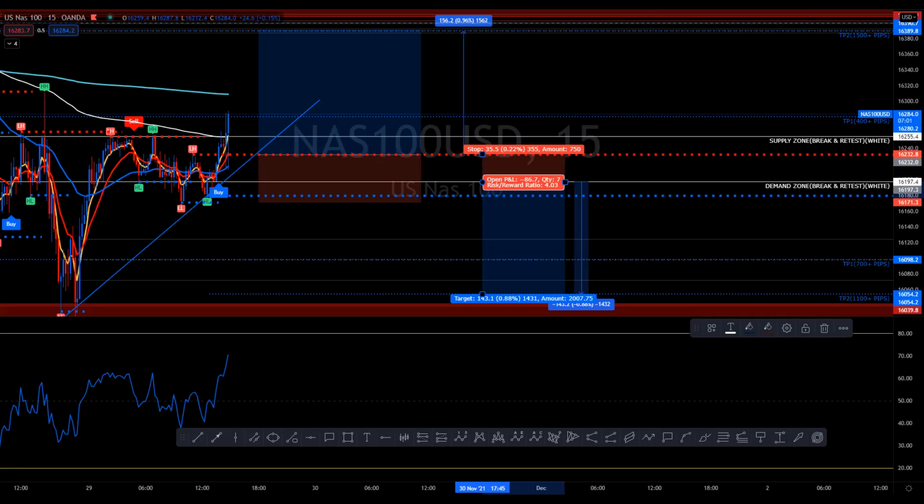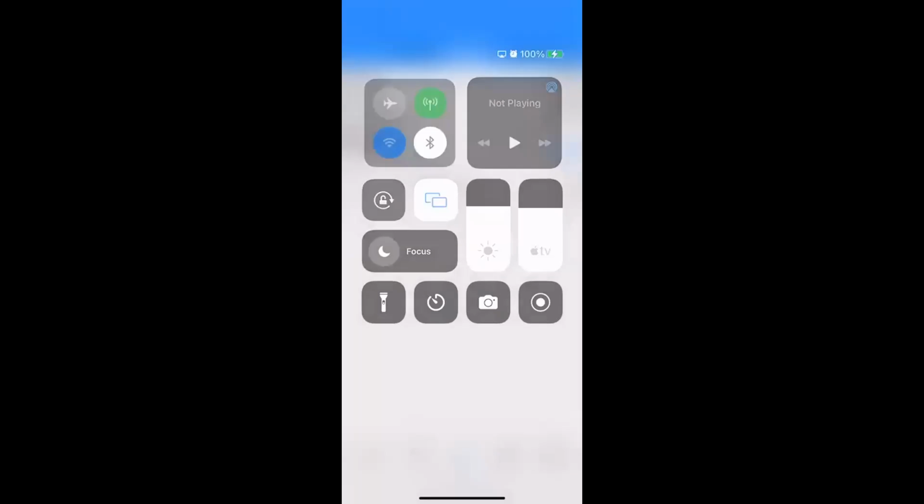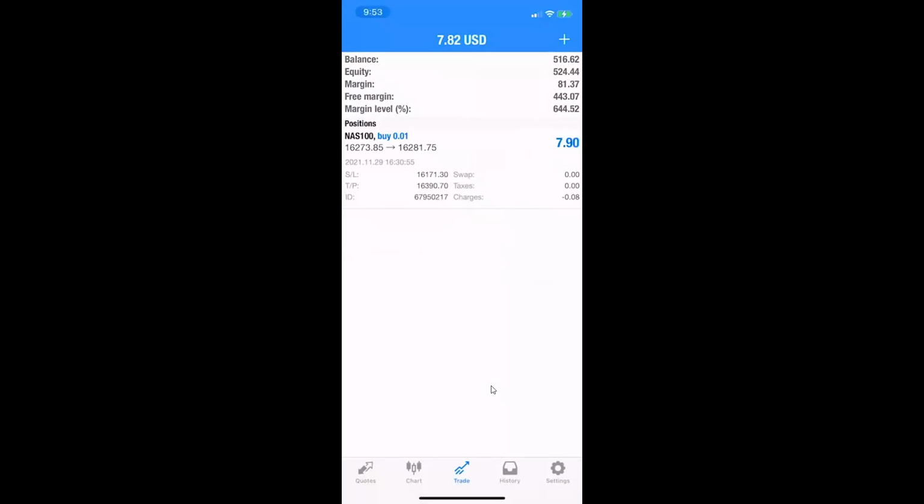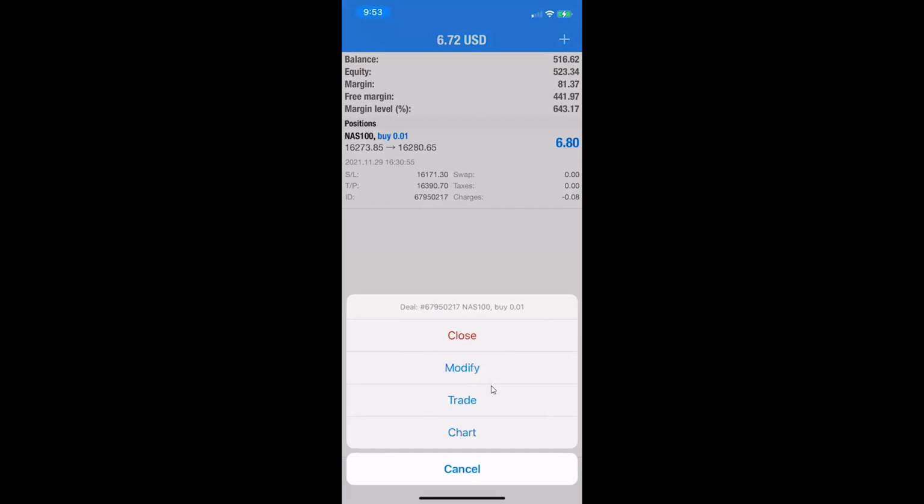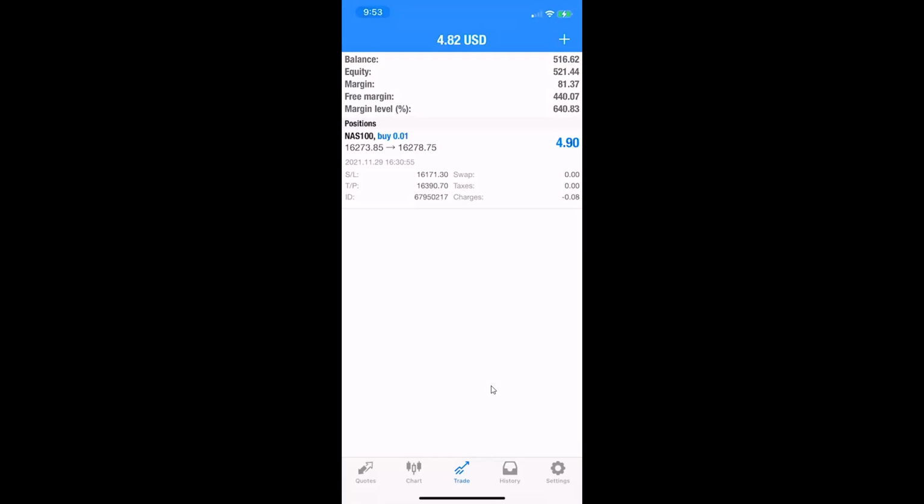Smallest one. Hey, you mind making your candles a little bit bigger? I could, but it might mess up my screen. Let me see. Let me see if I could profit first.